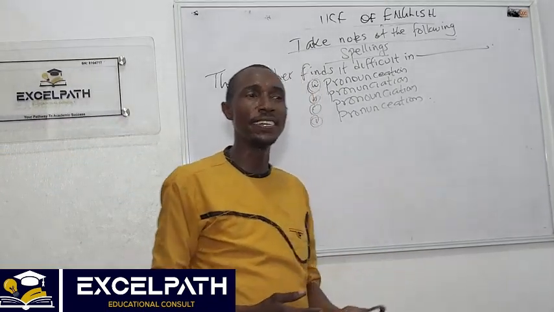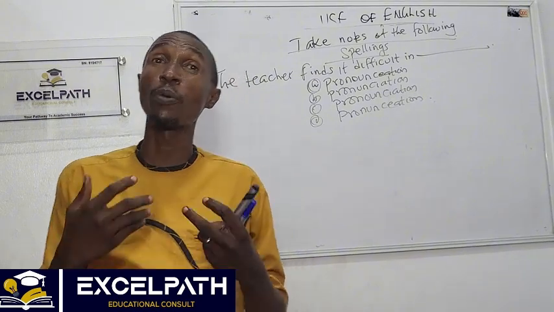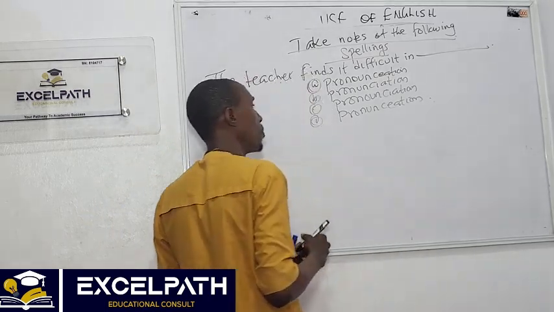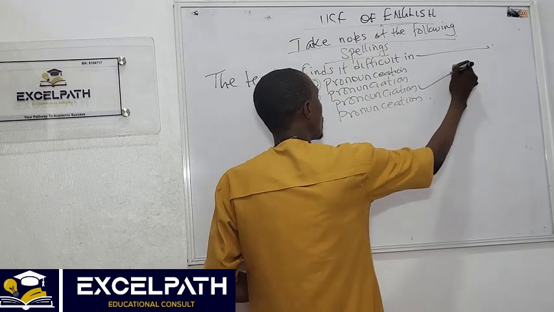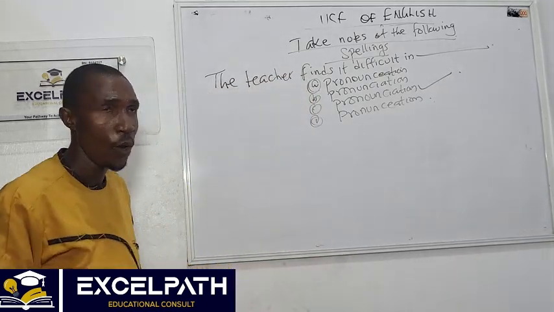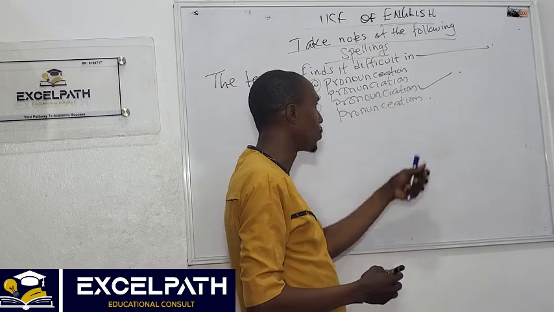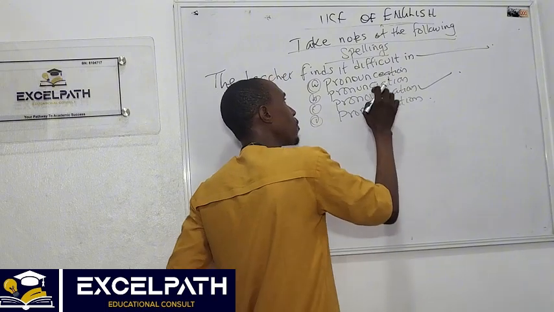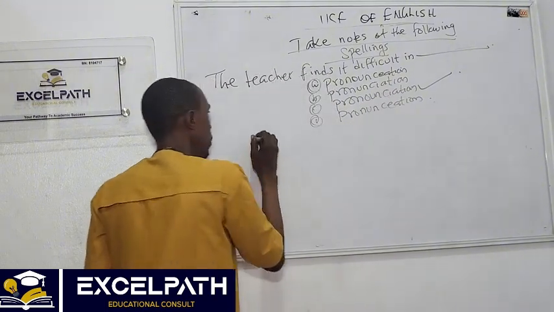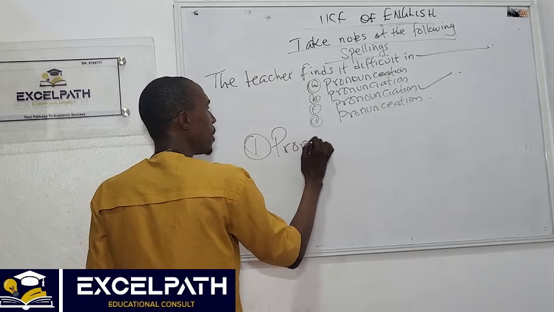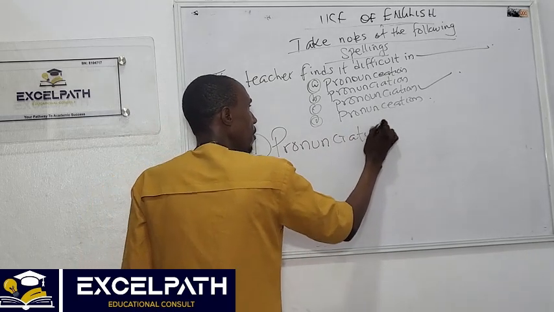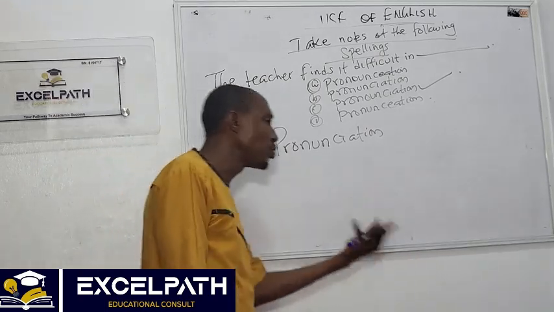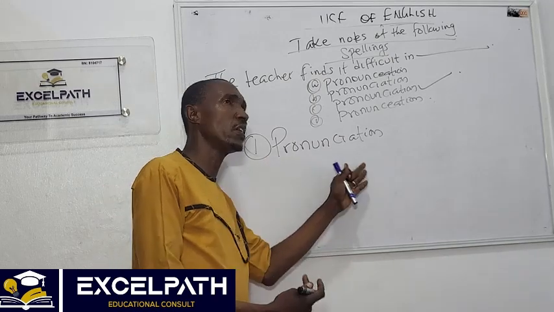What did they want you to spell there is the correct spelling of pronunciation. But everyone always assume or everyone believe that option C is the correct one. No. When you want to spell pronunciation, you don't input your O. It is not pronunciation with an O after the N, it is pronunciation. So you check your past questions, you will see all these things there.